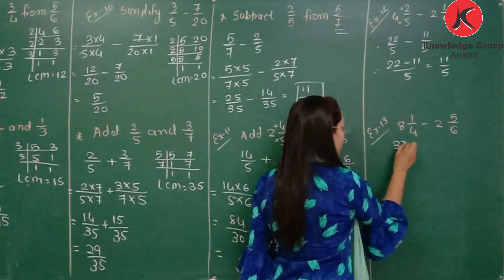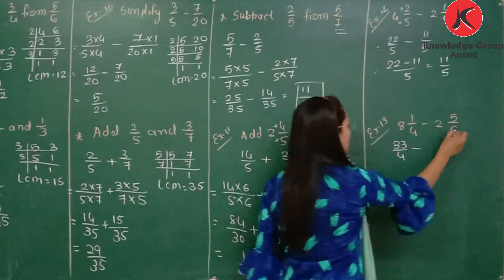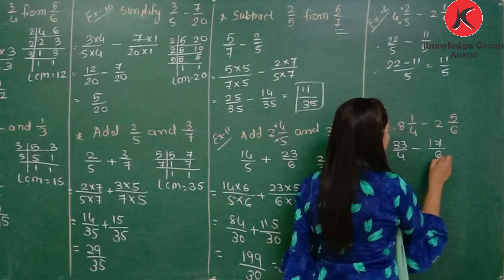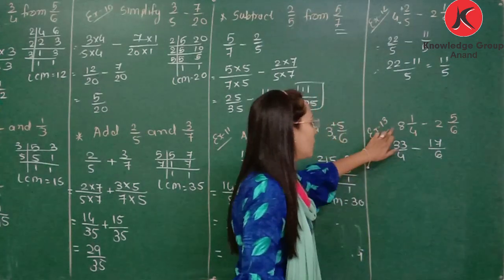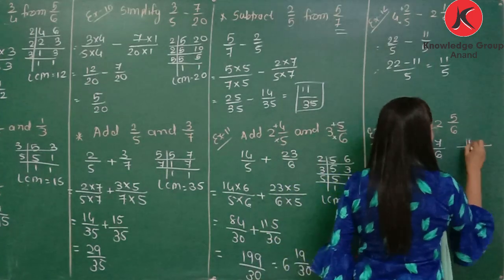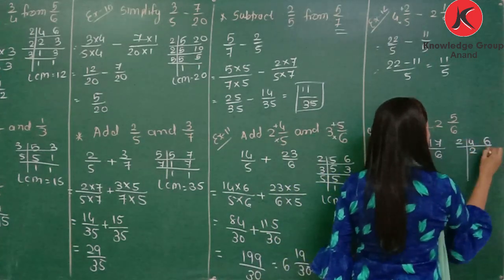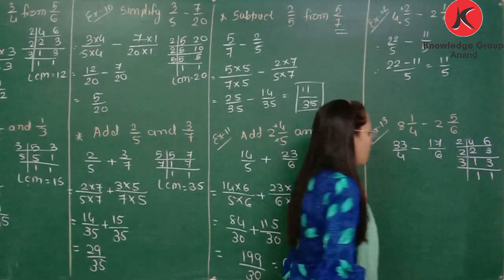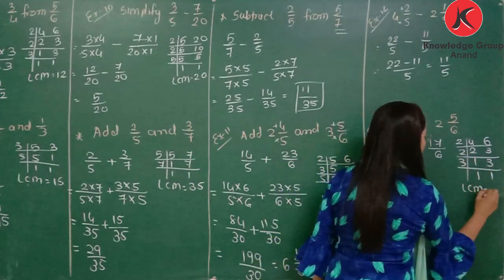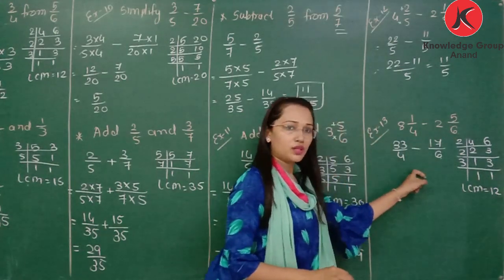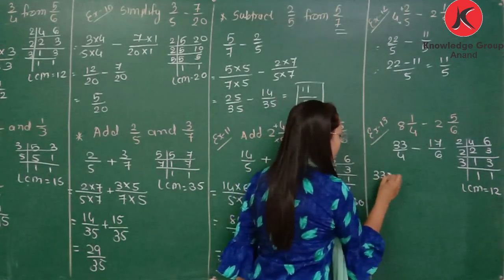Now next one. Here 8 4s are 32 plus 1, 33 by 4, minus 6 2s are 12 plus 5, 17 by 6. Now here the denominators are 4 and 6, so take the LCM of 4 and 6. So the LCM is 12. So here 4 is multiplied with 3 to get 12, so the same in the numerator.